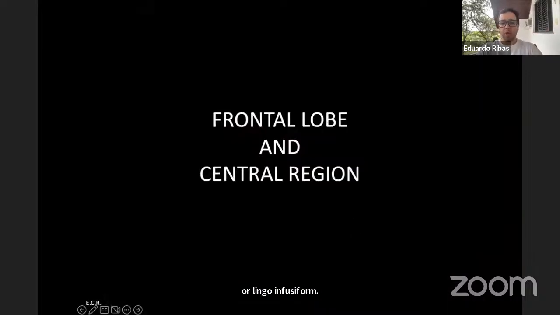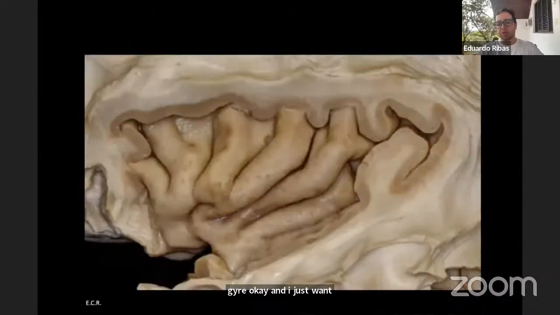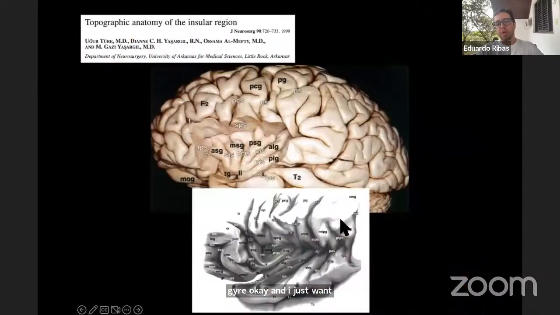And I just want to end my lecture showing the arrangement of the insula. The Turkish people are very proud of having Dr. Türe and Dr. Yaşargil, and they came up with this very elegant paper, a little bit old, but still very recent. About 25 years ago, they came up with this paper, and they put names on all these insular structures.